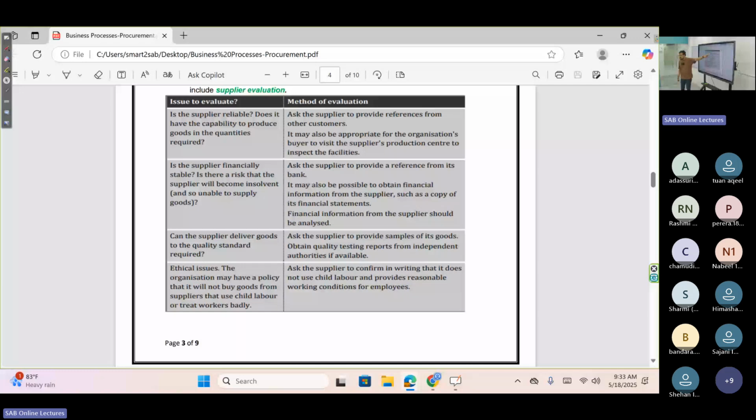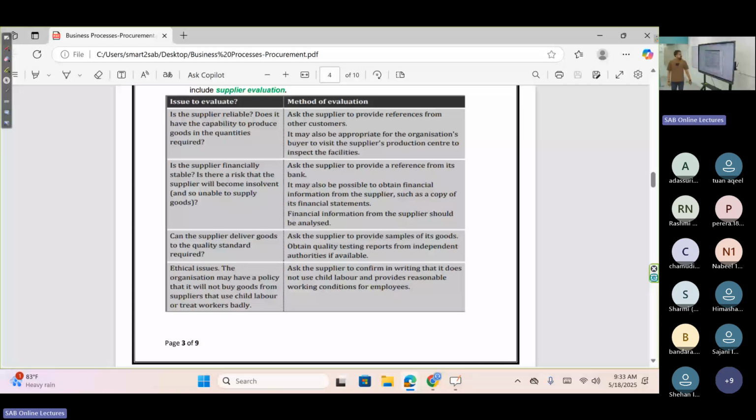So by visiting the supplier's place, you can judge whether he is capable of delivering the required quantities or not by analyzing the plant size and other factors. First, we should refer to other customers, and we should visit the supplier's plant and analyze the capacity.